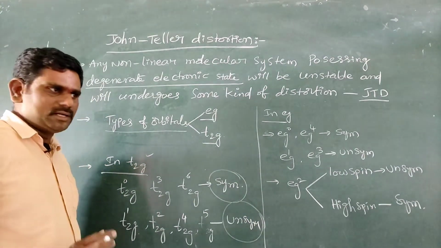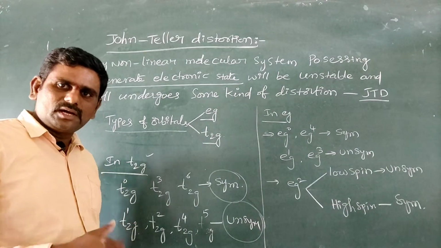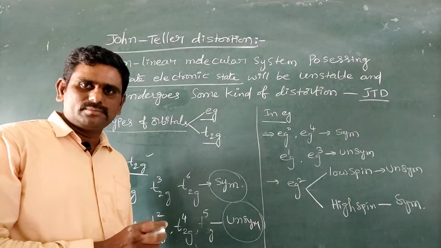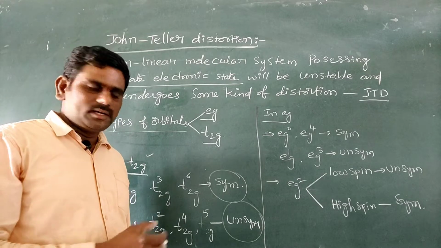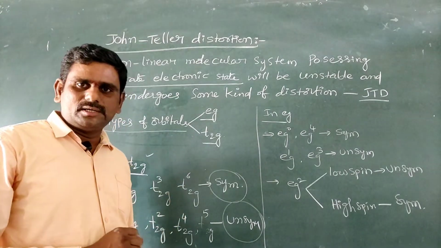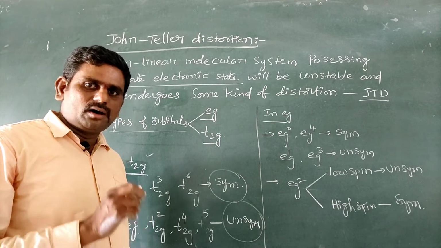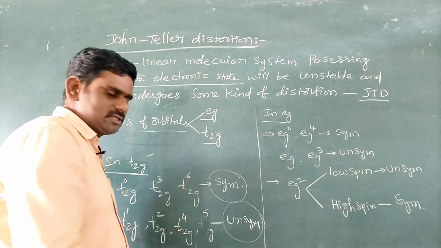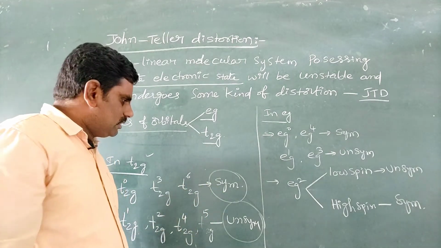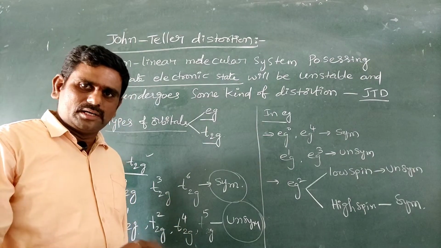So what are symmetric conditions? According to Hund's rule, a half-filled or fully filled electron configuration is stable. As far as the symmetric criteria are concerned, if an orbital contains no electrons, a half-filled configuration or a fully filled configuration, it is symmetric. The remaining are all unsymmetric electronic conditions.